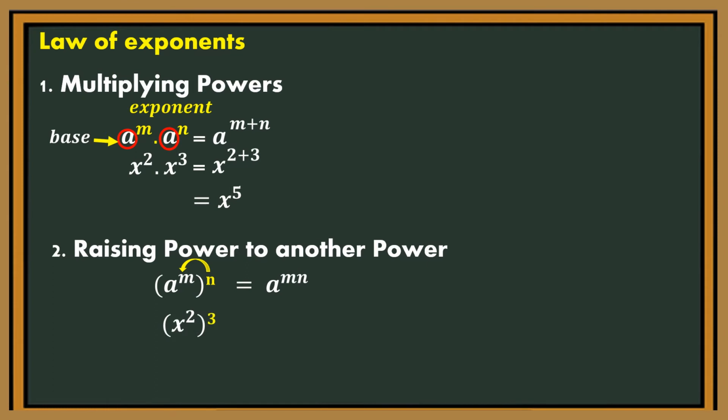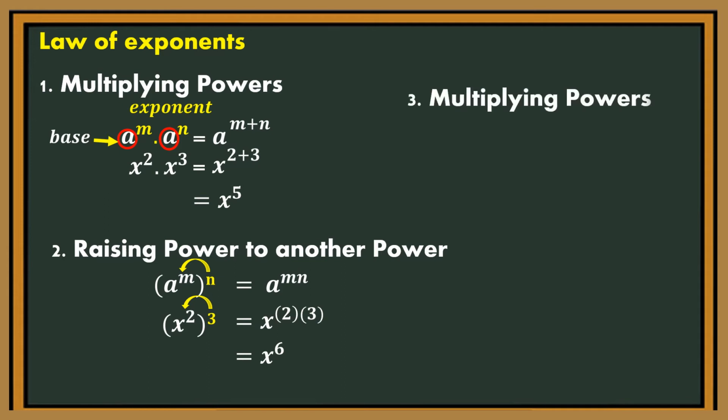Sample, the quantity of x squared, quantity cubed. You have to multiply 3 to 2. So we will have x raised to the 2nd power times 3. Therefore, x raised to the 6th power.